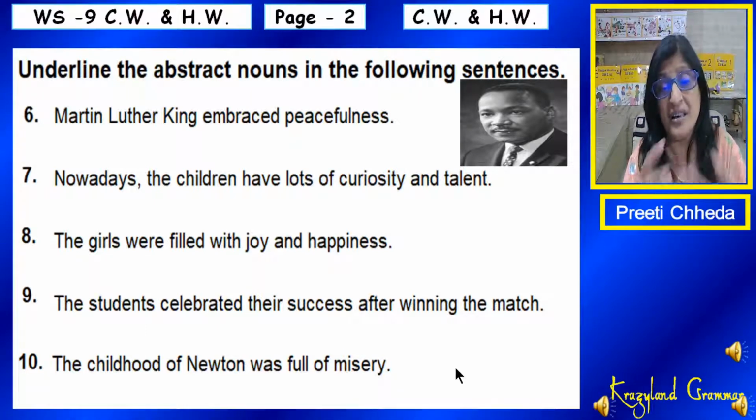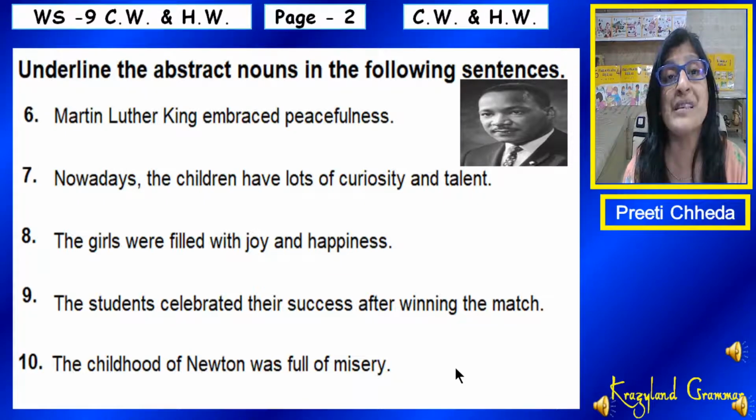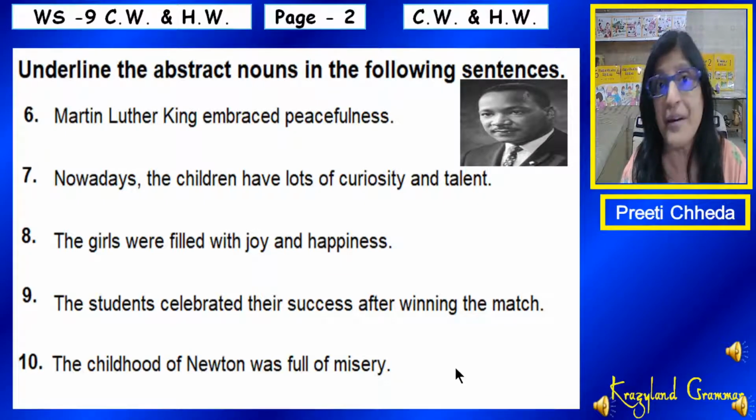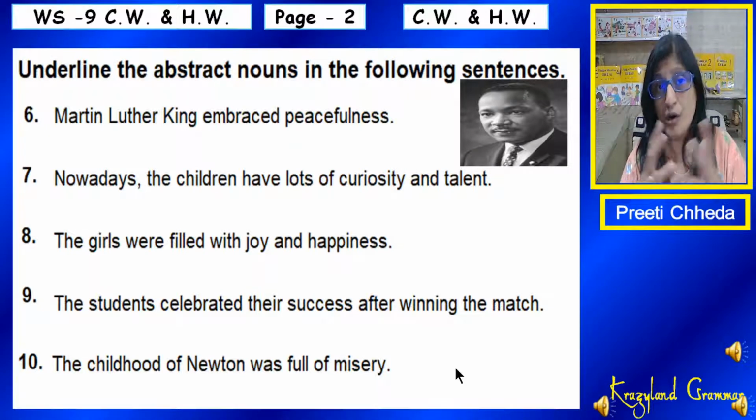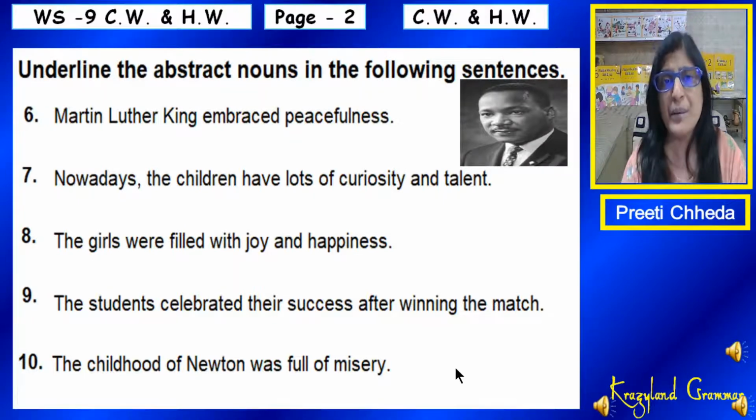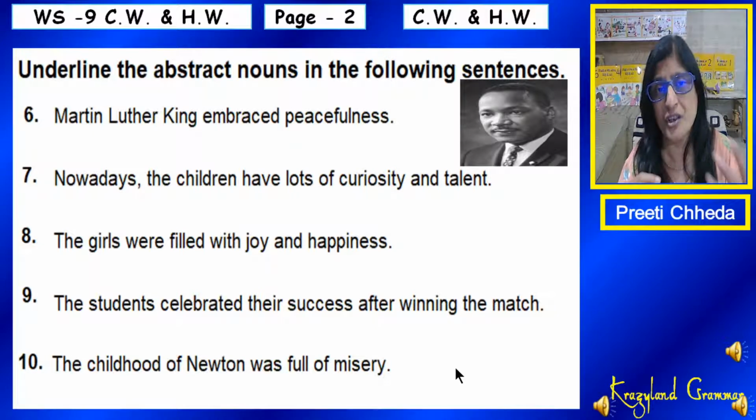You know that Americans had a lot of racism, black and white, and he was black. If you get to hear about him, please do read about him. His actual name was Michael, and then he changed it to Martin.